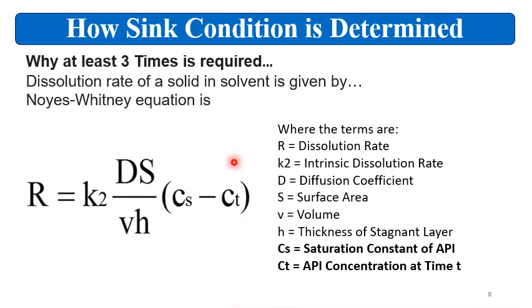And here it is given as Cs minus Ct. So this is very much important here. This Cs is the saturation constant of API and Ct is the API concentration at time t. Saturation constant of API means you can consider it as the saturation point for the solubility, and Ct is the API concentration at time t.